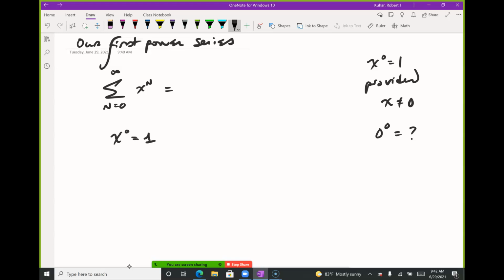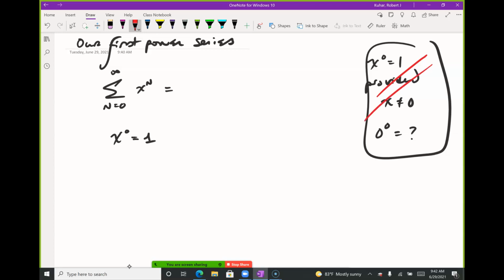Let's write out some terms here and see what this particular series is. So this was our old school thinking, but you're in calculus now. You can handle x to the 0 now. And so let's write out some terms for me. Anybody got the first term? X to the 0. Thank you. It is that easy.